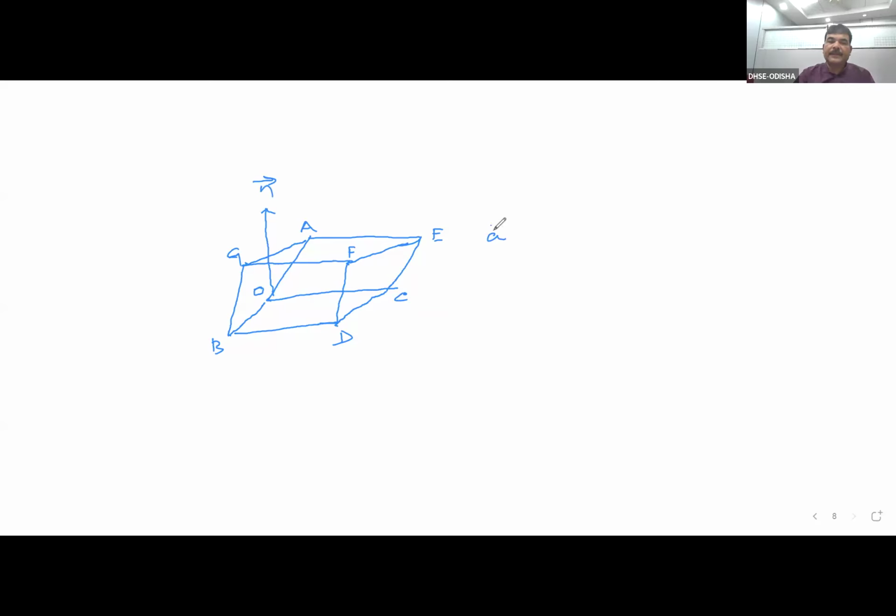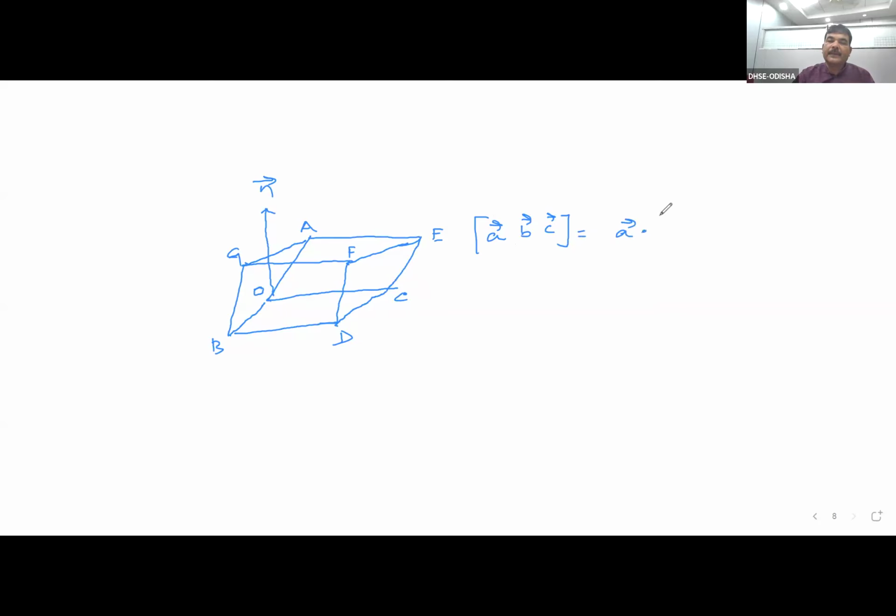So box product ABC, box product is also known as scalar triple product or STP. STP doesn't mean standard temperature and pressure, it is scalar triple product.